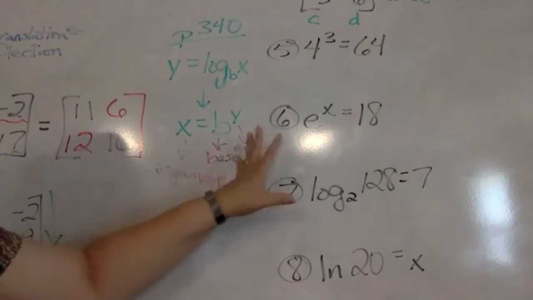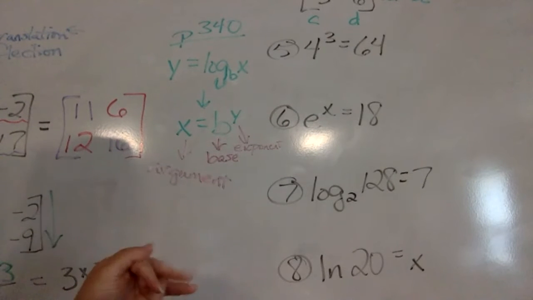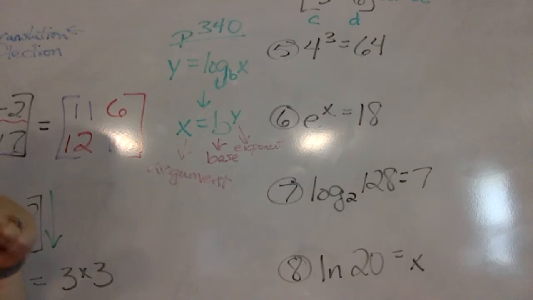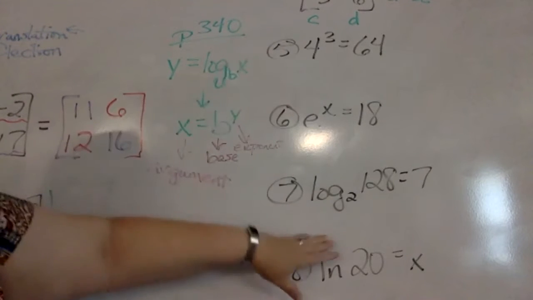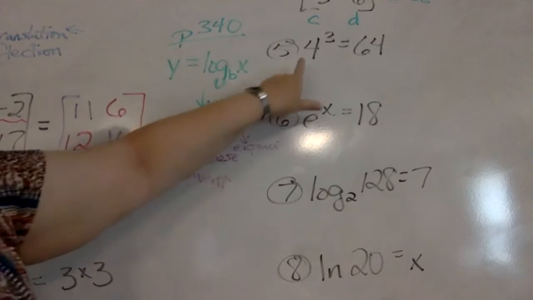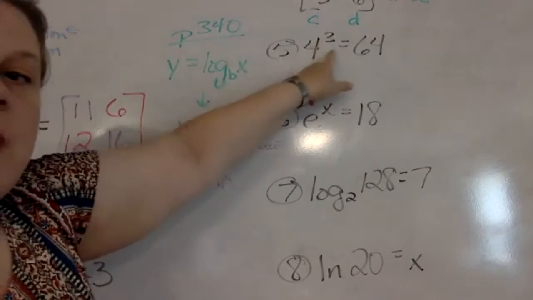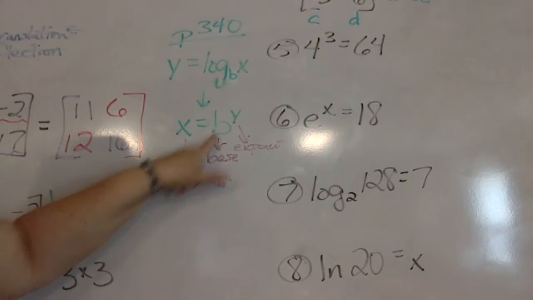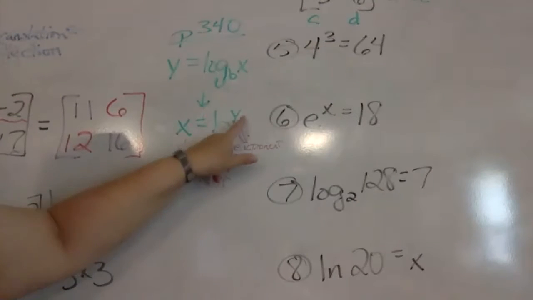Now the natural logarithms are a little bit different, but it's still the same concept, and you'll see that in a minute. I'll put that one up here too. But let's do 5 and 7 first because they're using this. Remember this raised to the power, that's our b, and this is our exponent, our y.